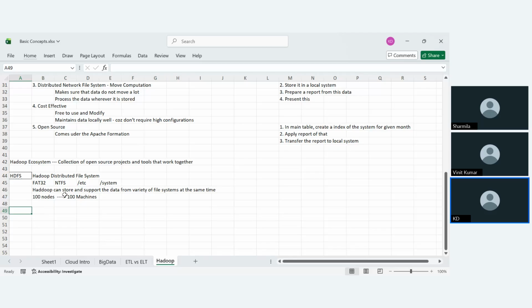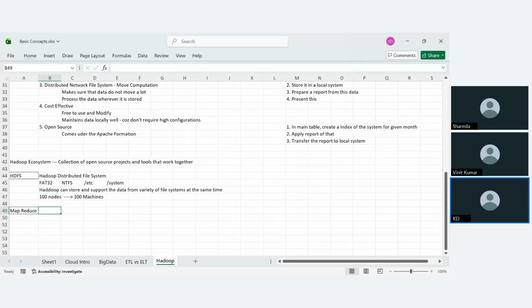Second thing is MapReduce. So what is this MapReduce? MapReduce is inspired by GMR, which is Google MapReduce.